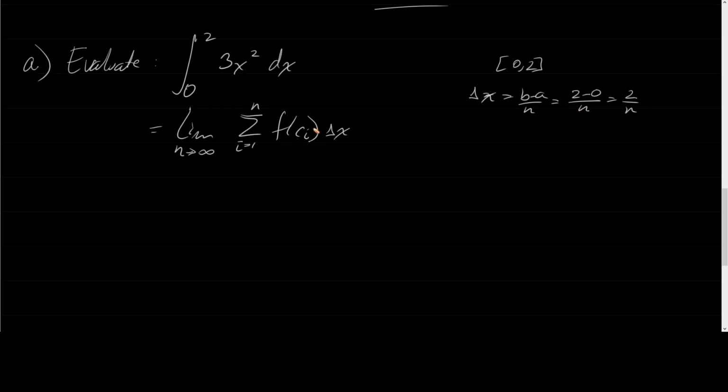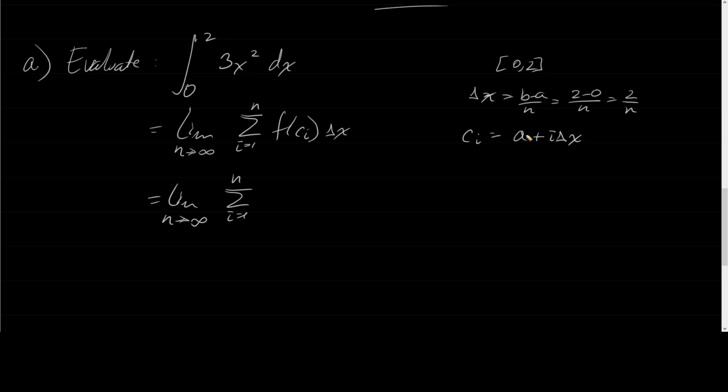And c sub i, recall that it was just some representative point on the interval, right? So if I talk about using the right endpoints, I can say it would be a plus i delta x, right? And then at this point we can say, what does this limit become now? It becomes the limit as n goes to infinity of the summation from i equals 1 to n of f of c sub i.